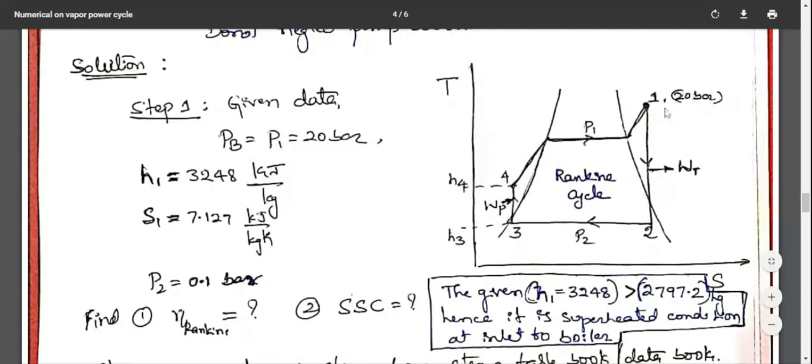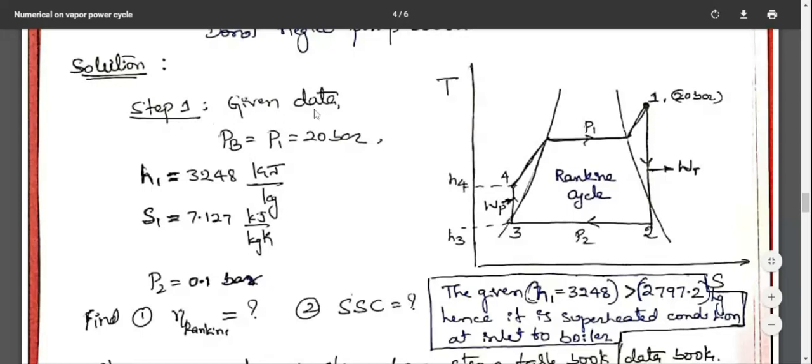So point number 1 is inlet to the turbine, point number 2 is outlet of the turbine, and point number 3 is inlet to the pump, and point number 4 is inlet to the boiler or exit of the pump. So 1 to 2 is expansion, 2 to 3 is condenser, heat is rejected to the surrounding, and 3 to 4 is work done on the pump.